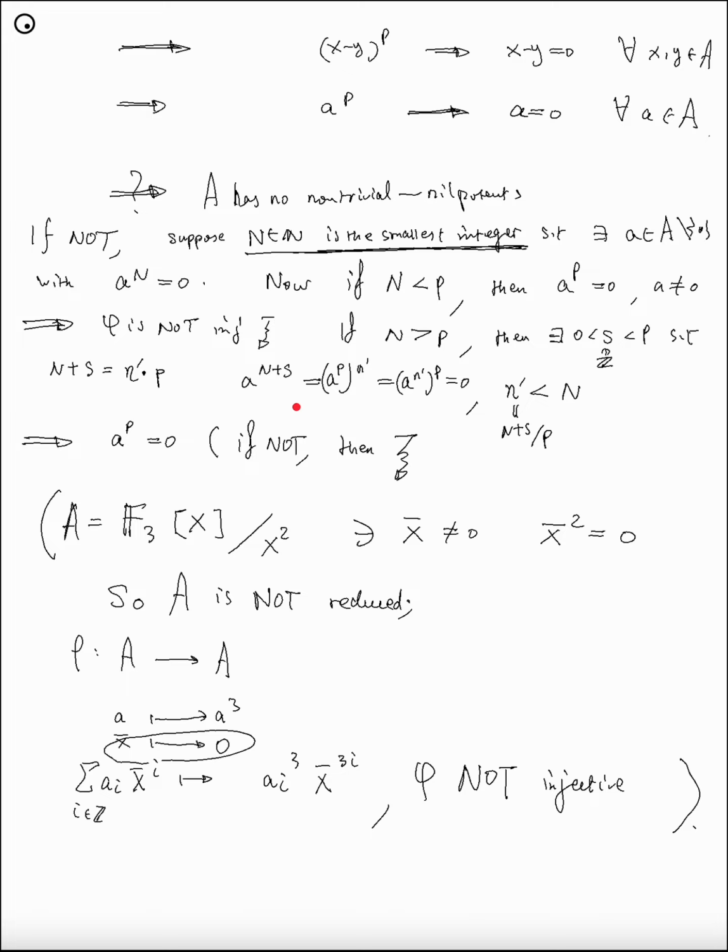So we find some non-zero element whose power n prime equals 0, but n prime is smaller than n, contradicting n being the smallest such integer. And so this forces a to the power p equals 0. And so again, by our assumption, a is non-zero. This again satisfies not injective, contradiction.